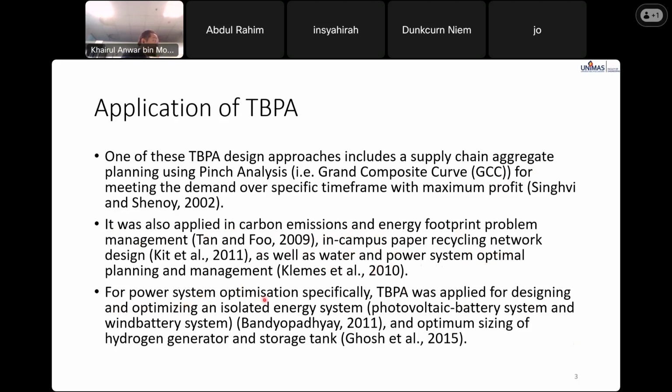For power system optimization specifically, TBPA was applied for designing and optimizing an isolated energy system and optimum sizing of hydrogen generator and storage tank.